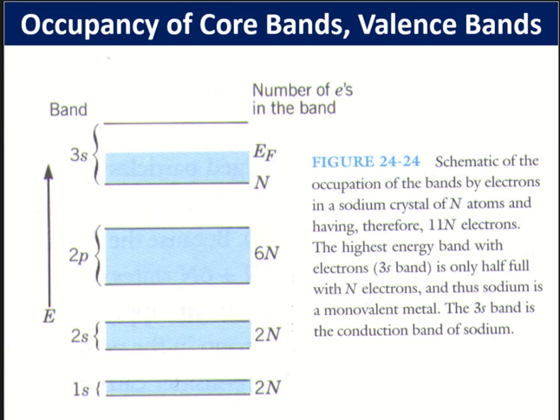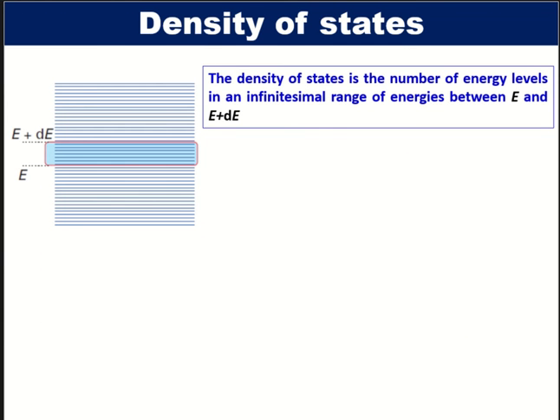Okay, then we come to another concept, density of states. When we construct this kind of energy level diagram, for one given energy you may have too many orbitals possible, different types of orbitals, degenerate orbitals as we say. For a given energy, how many such orbitals are available is known as density of states.